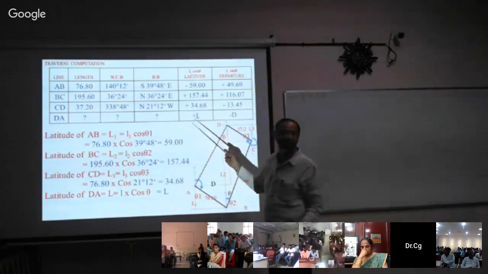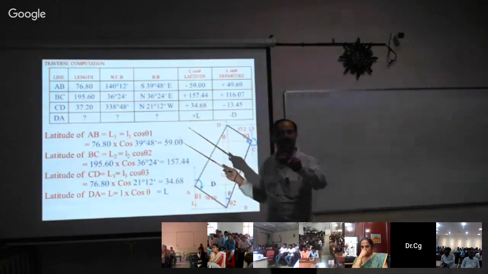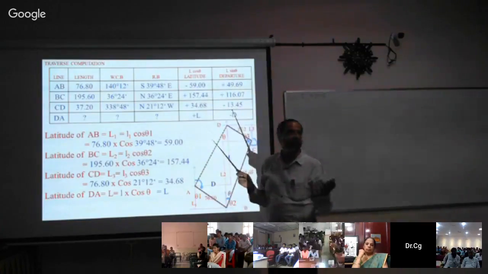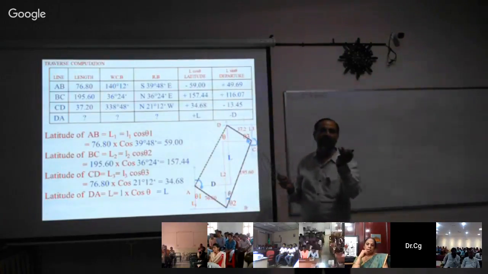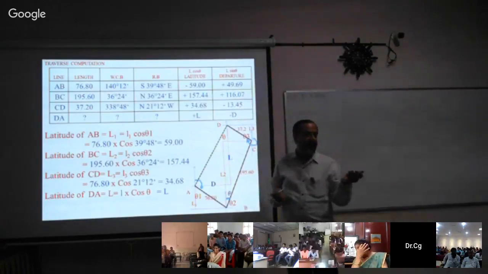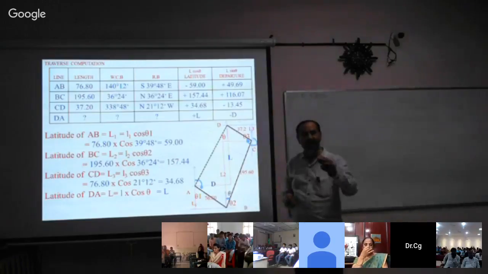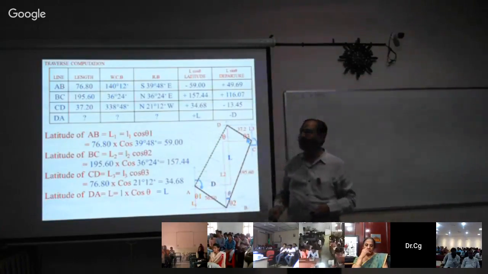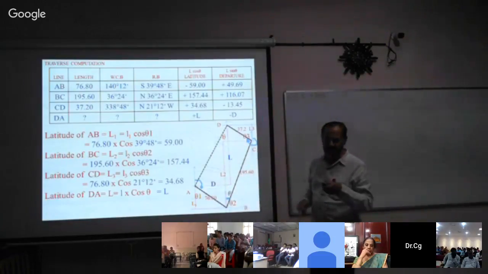Sigma L is equal to some residue, that is equal to L. If you sum them, you will get some value for L. If you sum up these, you will get the value for D. That is the latitude and departure for the line DA.